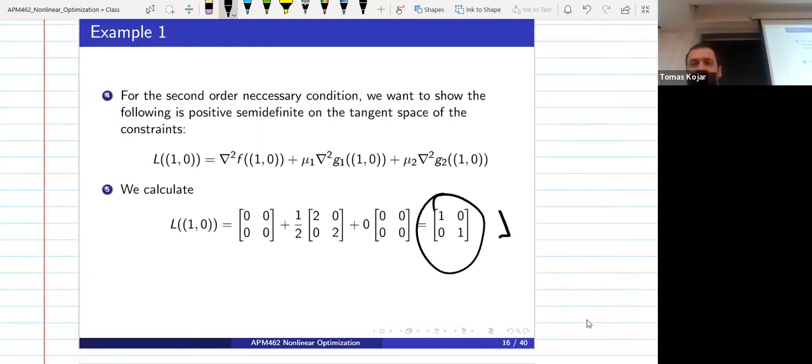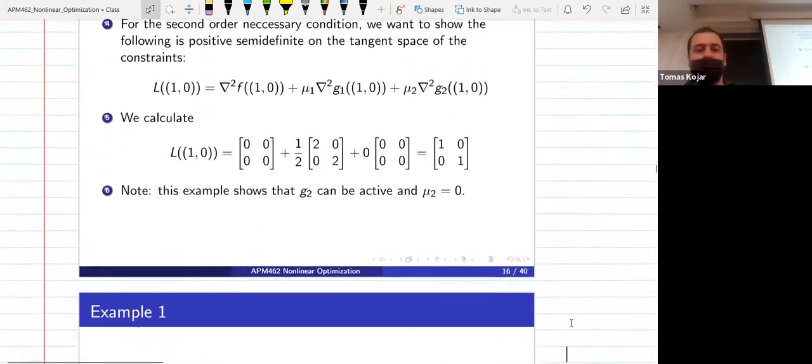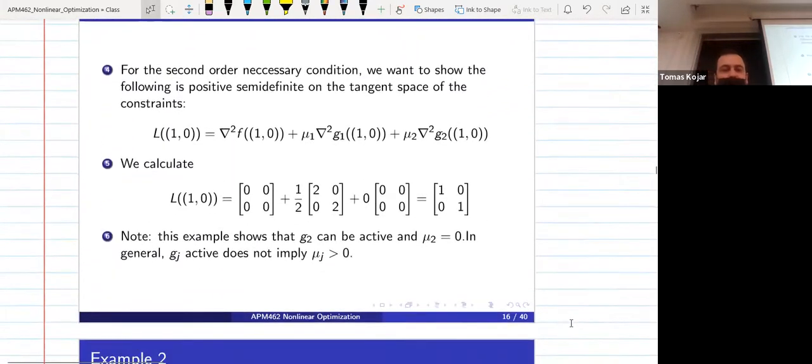Yeah, the eigenvalues are 1 with multiplicity 2, and you're done. This was an easy question because you didn't even have to compute the tangent space, because it's always positive definite. But there are cases like I did last time where you could be negative definite, but not on the tangent space.